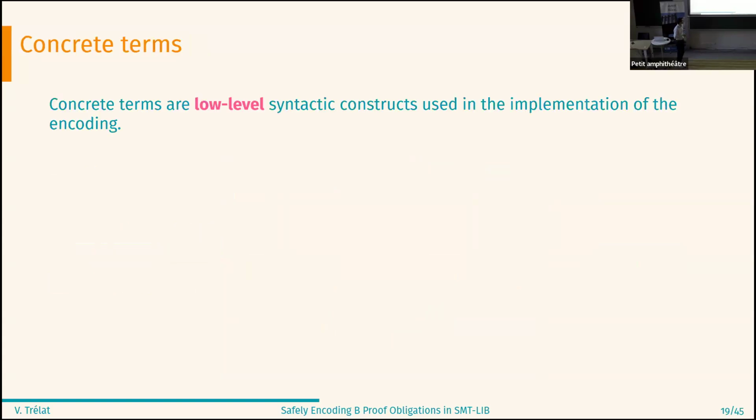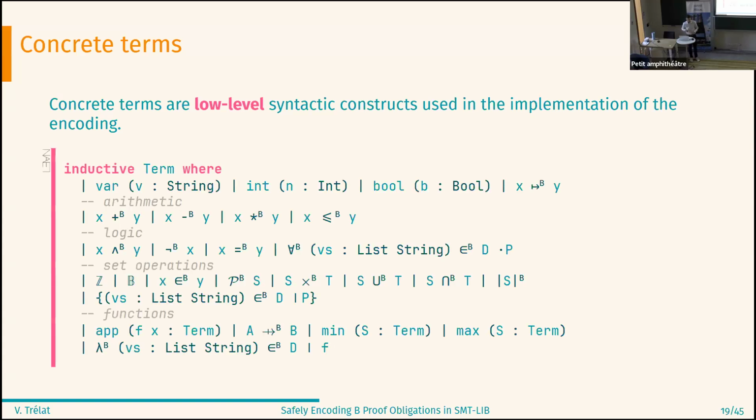Right, so as I said, I have two different representations for my syntax. I have a concrete one, which is lower level and meant to be more efficient at runtime, and it uses lower level constructs. This is the grammar I'm using, the concrete syntax of the B language. I'm only showing things for the B language.